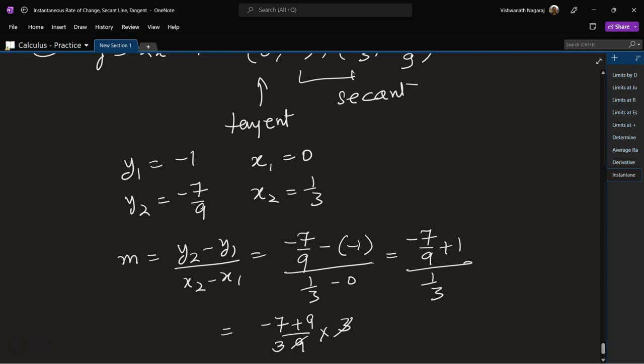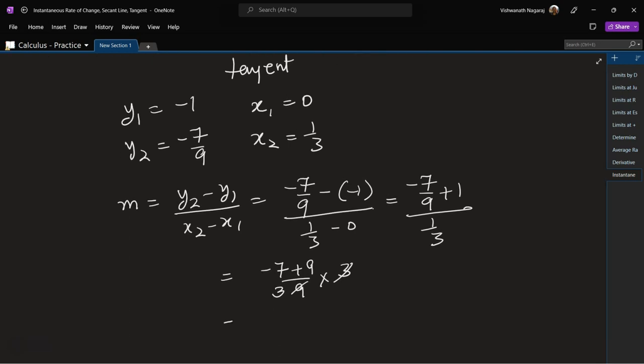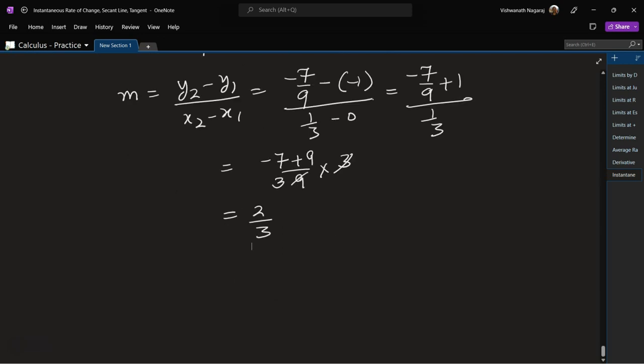So 3 threes, the slope would be 2 by 3. Okay, so we have the slope between these 2 points.